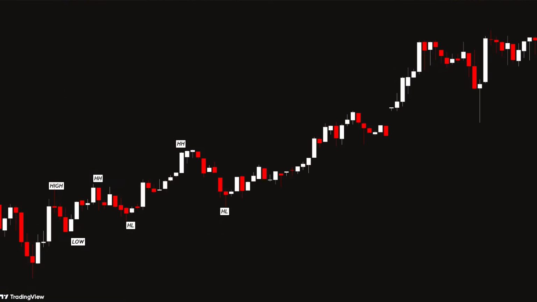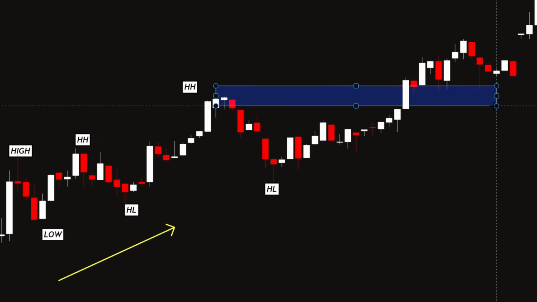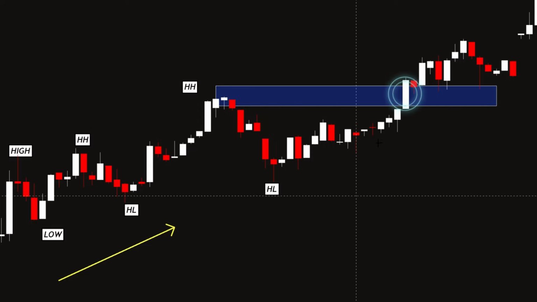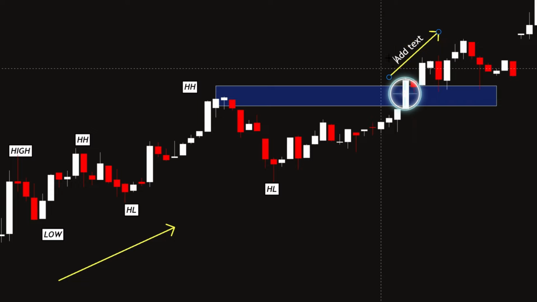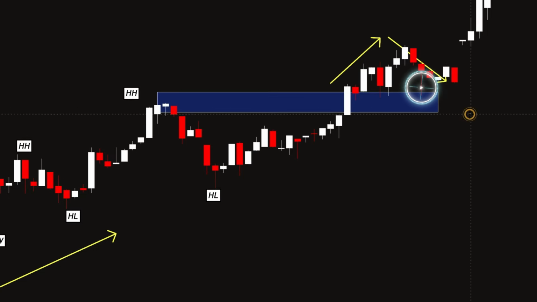Let's see it in action on a real chart. Here, the market is making higher highs and higher lows. We mark the most recent higher high, that's our resistance. Price breaks above it, that's step 1. And then price retests back to that same zone, step 2.